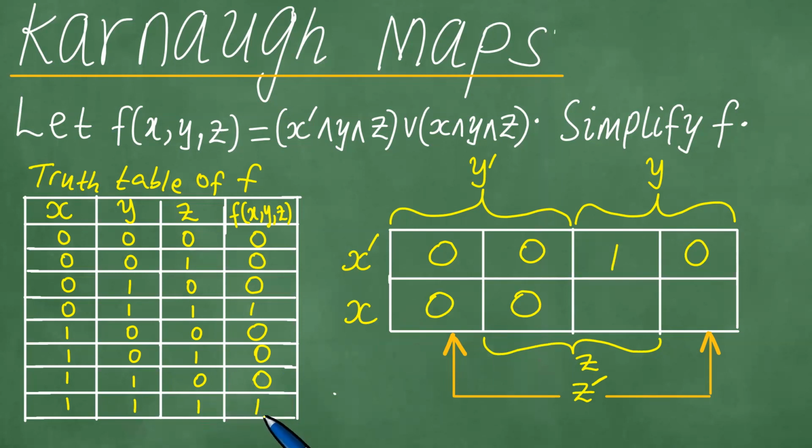It corresponds to the bottom row, and that is a 1. This one here is X, Y, and Z primed, so it's 1, 1, 0, which is a 0. So we have actually completed this particular Karnaugh map.